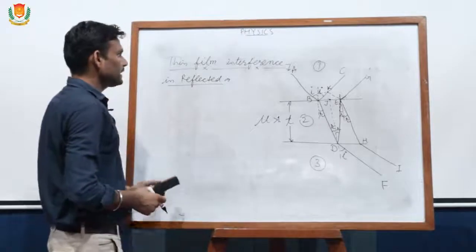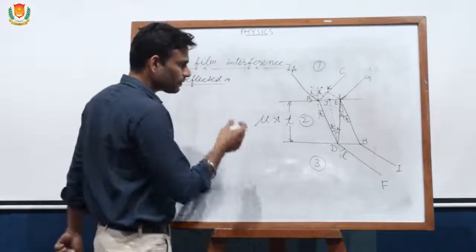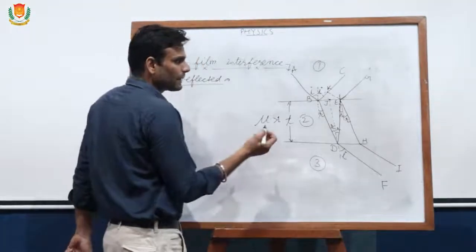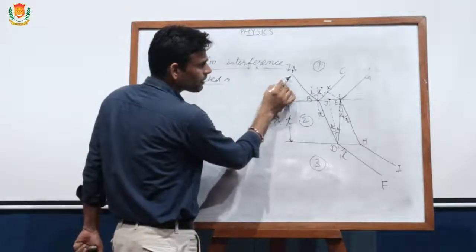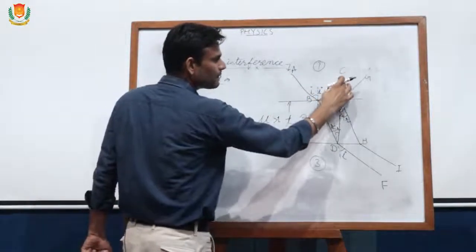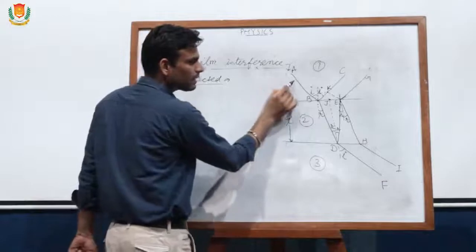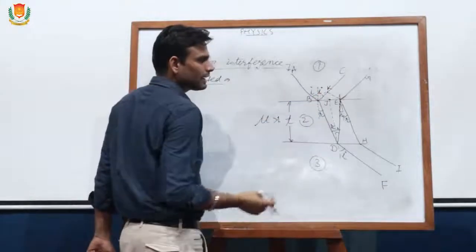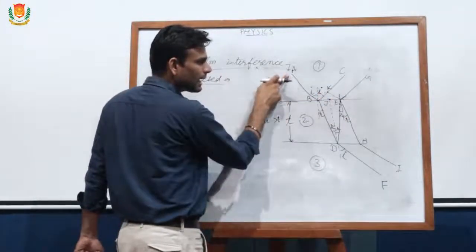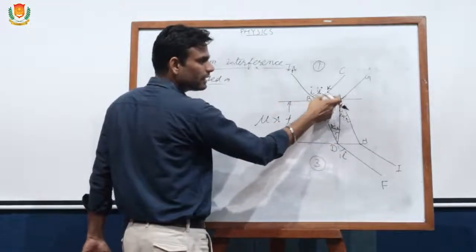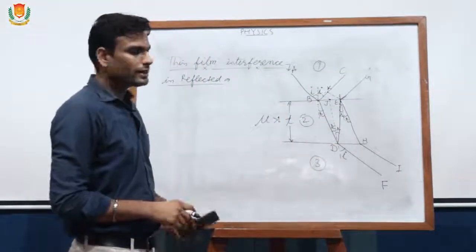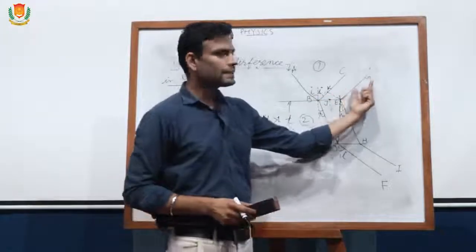So in the reflected system, the path of the BC beam is A, B, C, and the path of the EG beam is A, B, D, E, G. This is the full path of this beam.